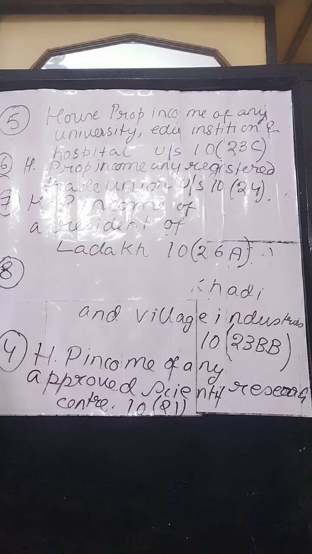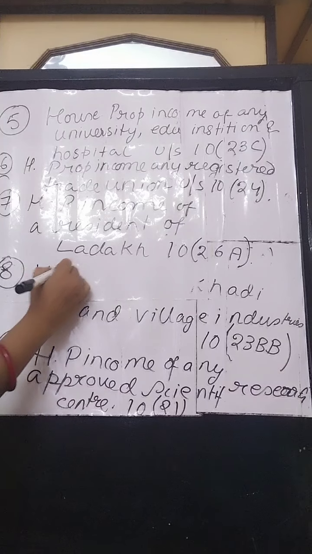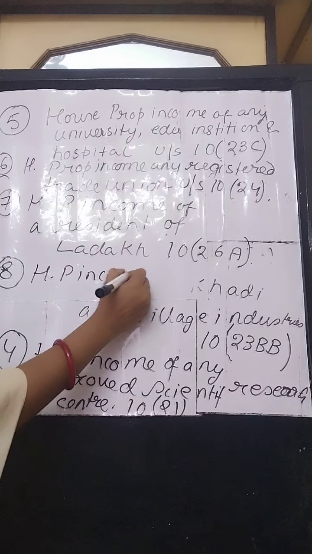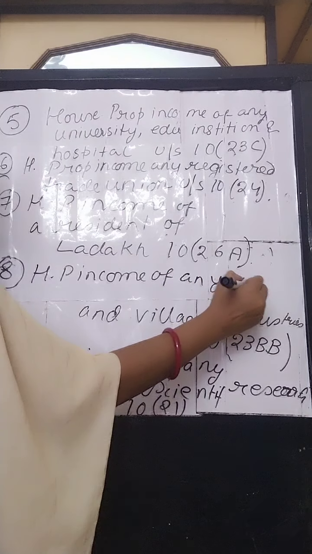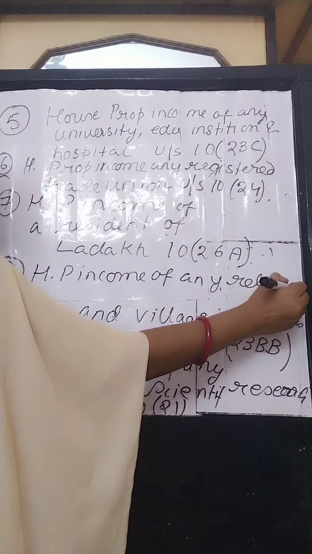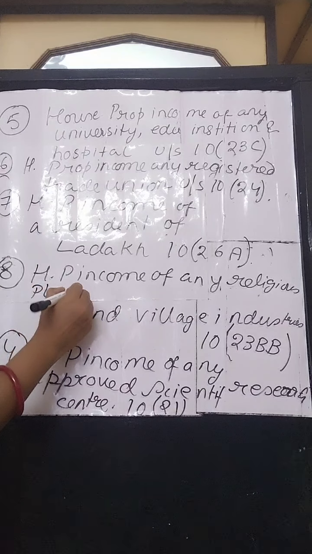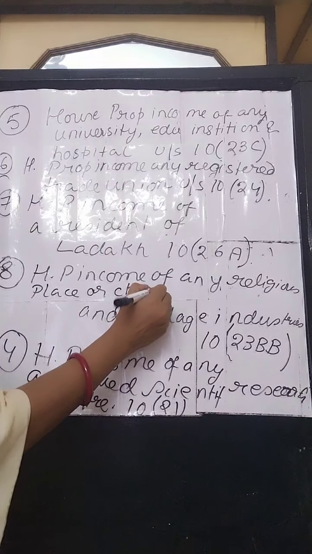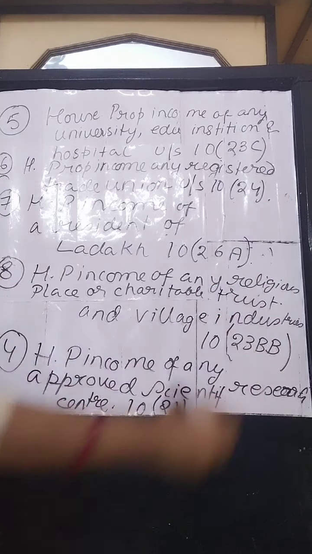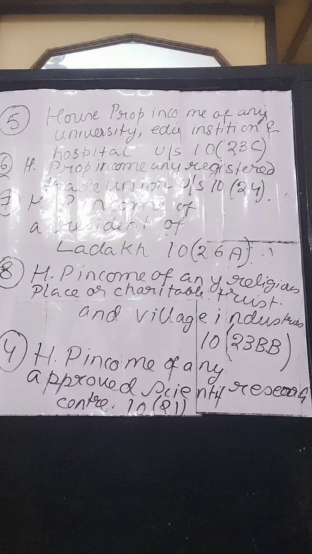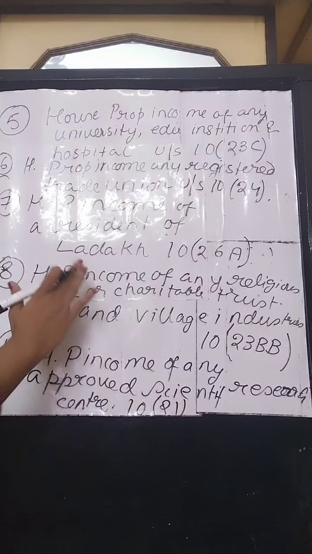One more I will write for you, that is house property income of any religious place or charitable trust. These are also not chargeable to income tax, and this comes under section 10(23BBA).